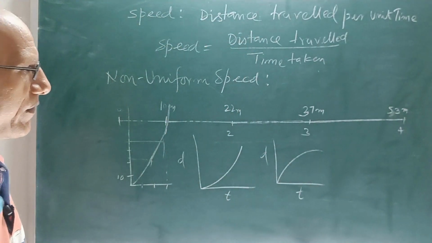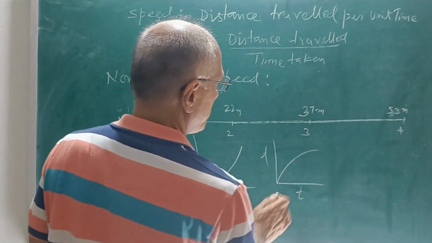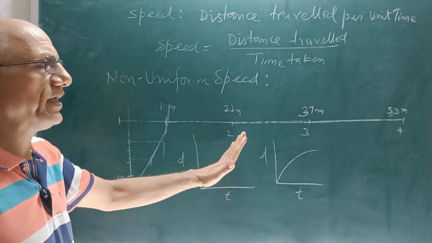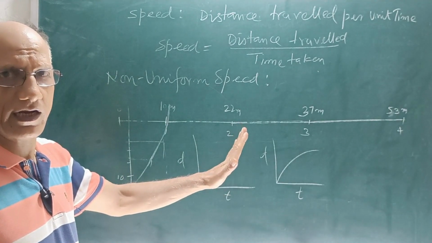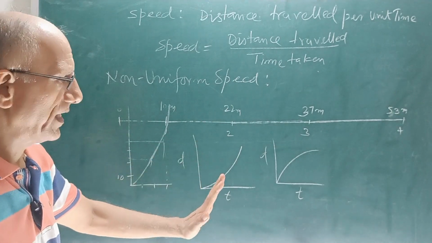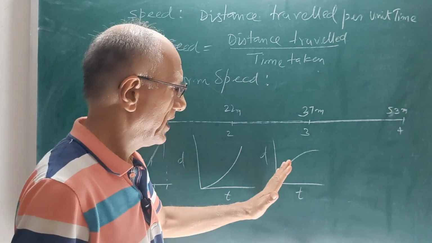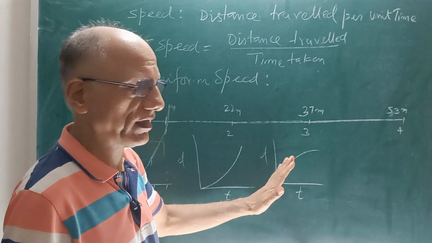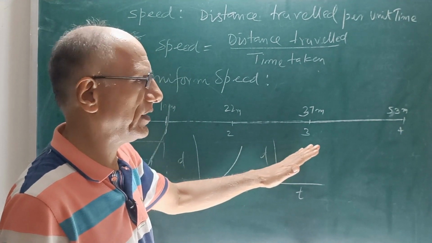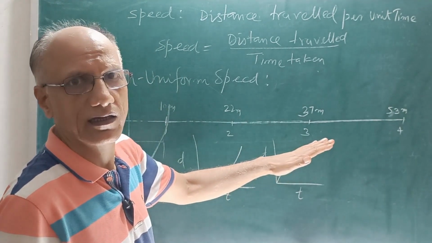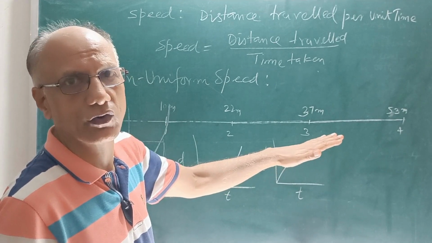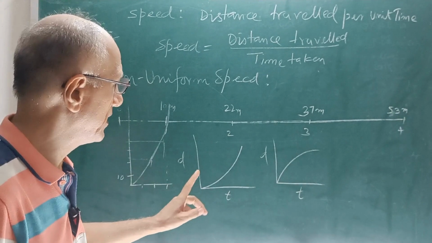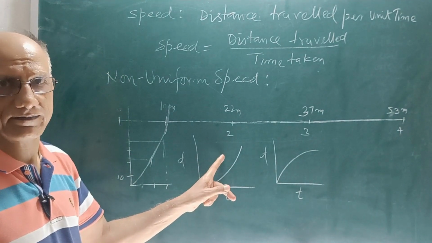Here the body is speeding up, running faster and faster, and here initially the body was moving faster, and slowly and gradually it is moving slower and slower. That means here the speed is decreasing and here the speed is increasing.